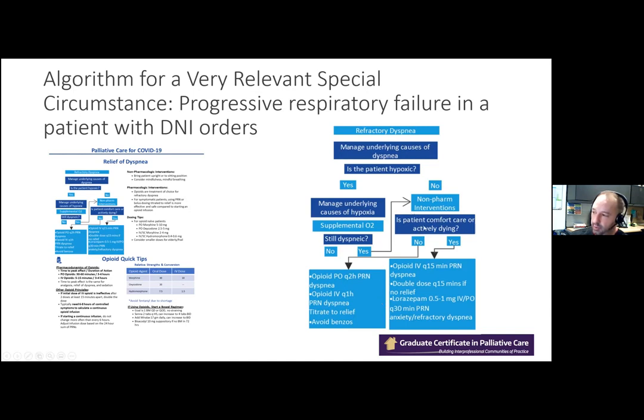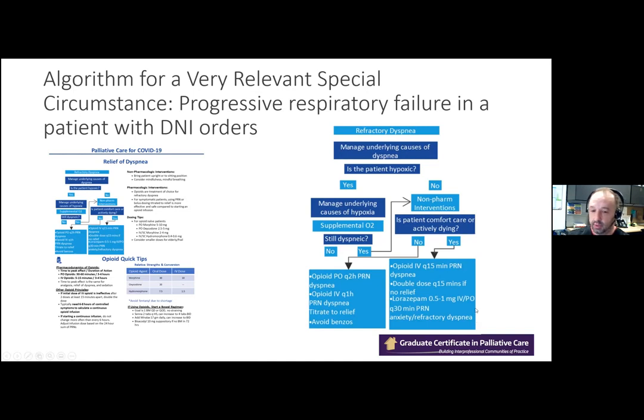It asks, is the patient on comfort care or actively dying? I think when you get to a point where people are in distress on that 50 liters of high flow, I often recommend that we use a more aggressive comfort care approach.